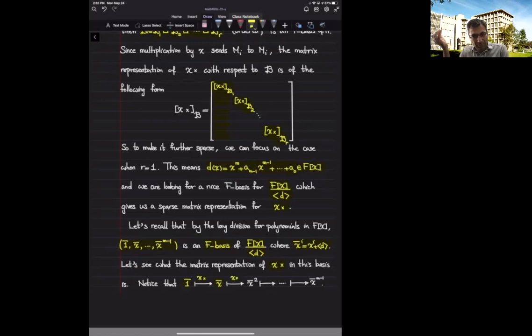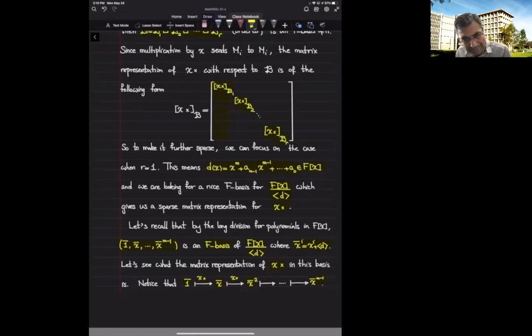The way that you write this down as a linear combination of these elements is 0 times the first one, 0 times the second one, 1 times the third one, and 0 times the rest. So the matrix representation of this is just e sub 3. So the second column for multiplication by x would be e sub 3. And we repeat this till we reach x to the power m minus 1.